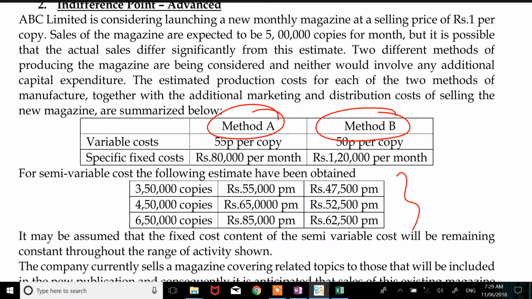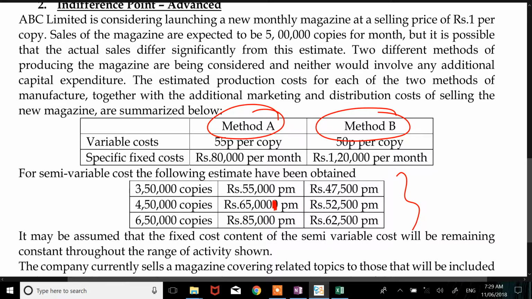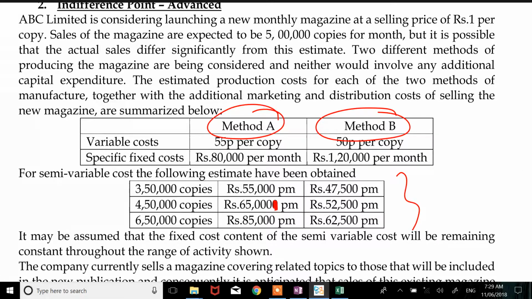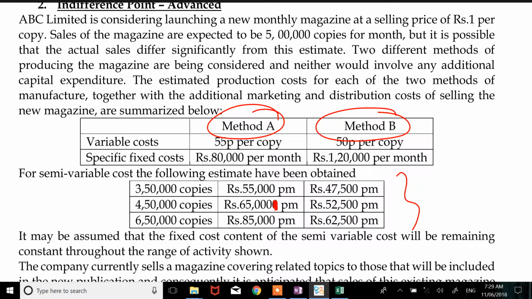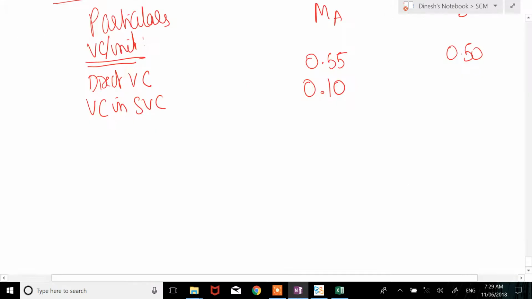This point is 65,000, not 6,50,000. 65,000 minus 55,000 divided by 450 minus 350, which is 0.10. Change in cost by change in units. For the other one it is 0.05.